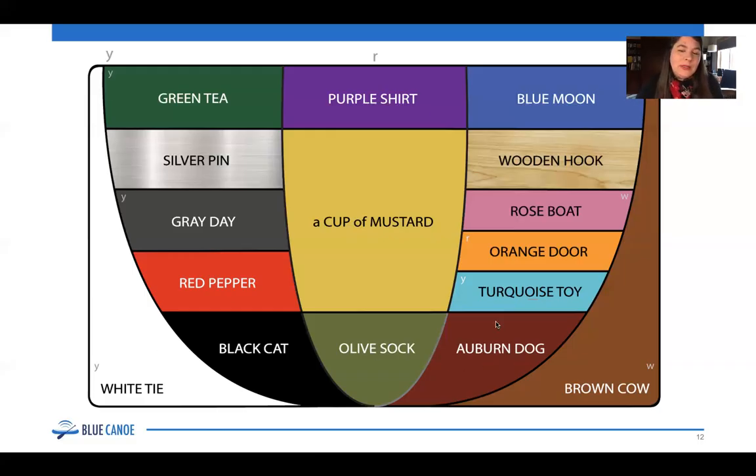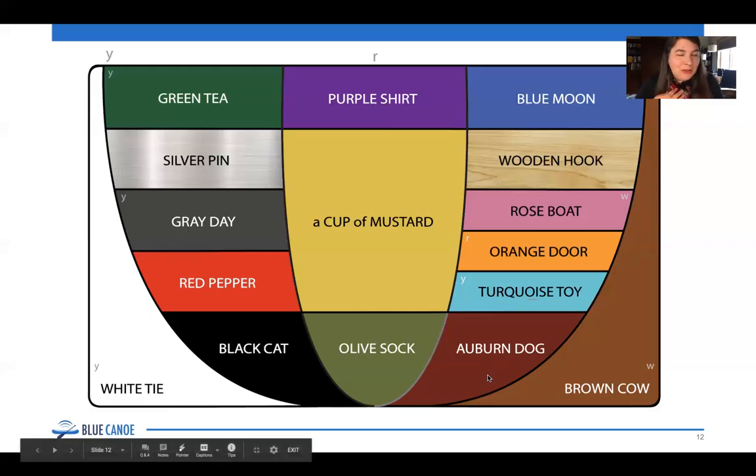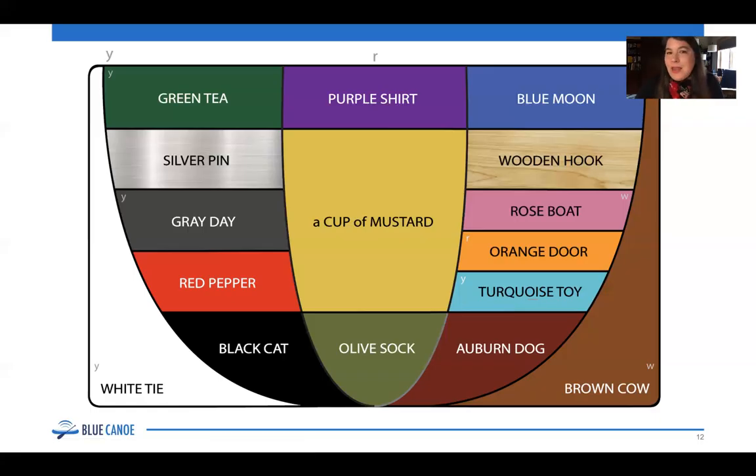If you noticed, we skipped auburn dog. This is the same as olive sock for me. If you live with any native speakers of English, some of them will have the same sound for these two, and some will have different. I have family in New York, and they use this sound a lot. I don't. It's a dialect or accent variation, and it's not necessary for you to learn.